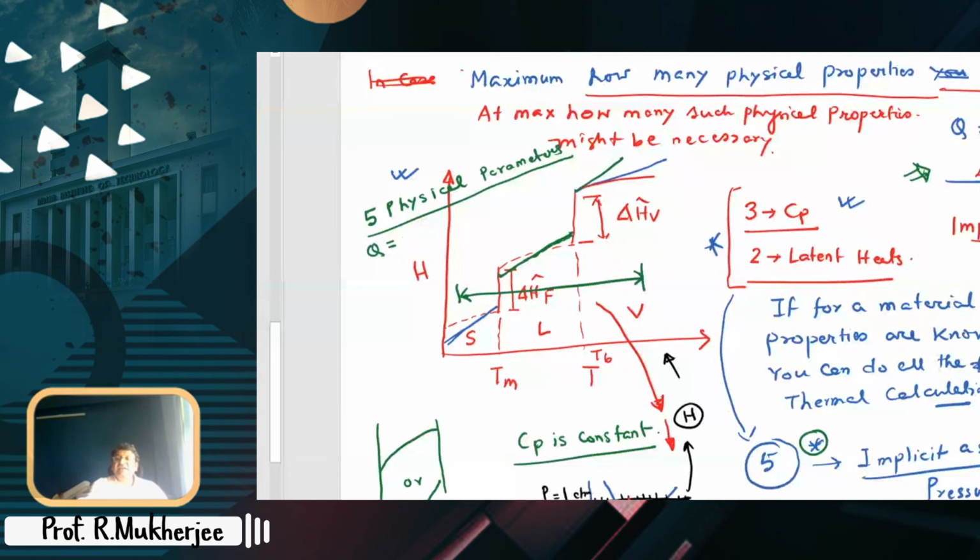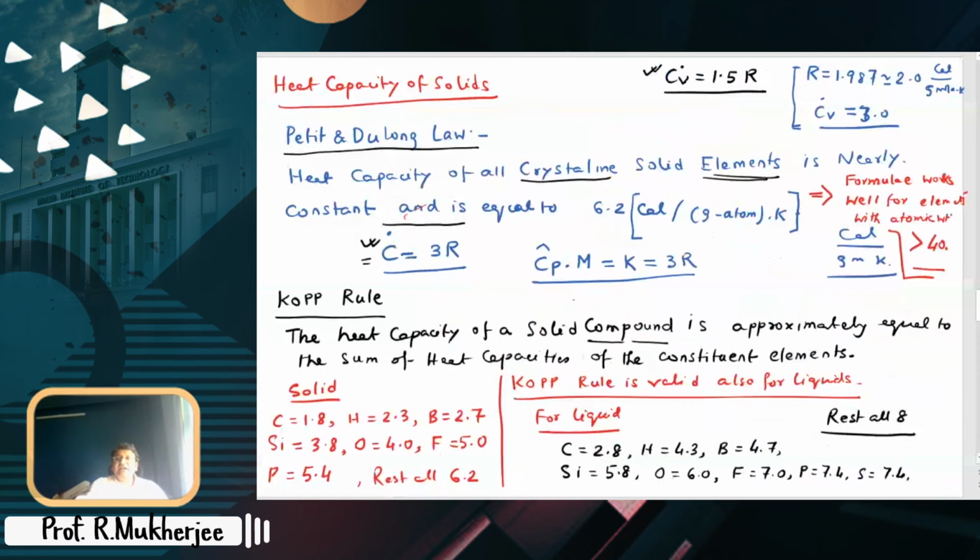And what we find here is that we now have some formula, some mechanism that gives us at least a first-hand approximation of the Cp values of some materials in the gaseous state, in the liquid state, and in the solid state.